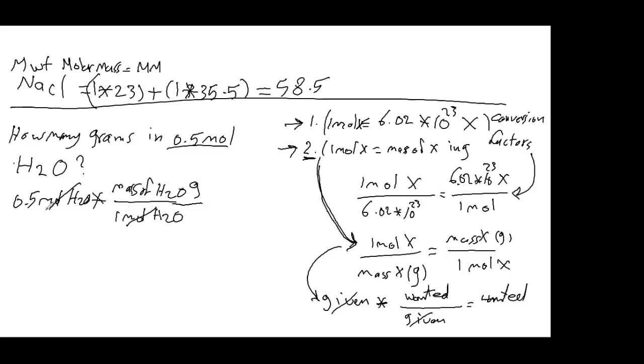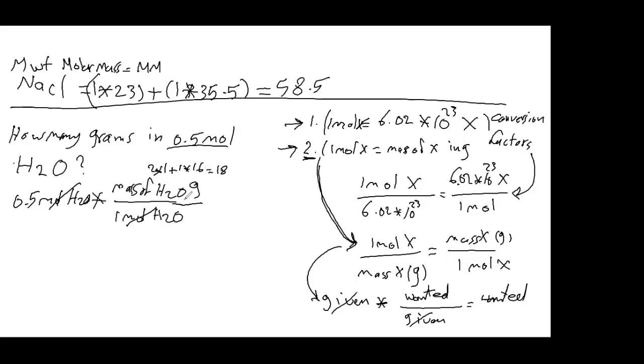Now, what is the mass of water? It is the molecular weight. What is the molecular weight of water? It is the summation of the atomic weights of all the elements in the chemical formula. So here we have H2O: 2 times 1 for the hydrogen plus 1 times 16 for the oxygen gives us 18.